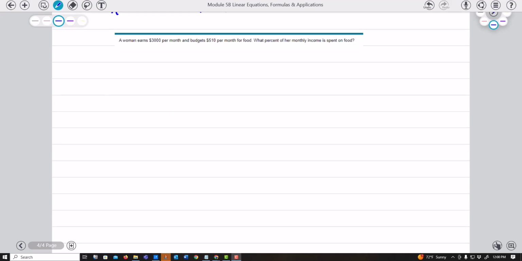All right, so where we're going with all of these is now in an application. So it says a woman earns $3,000 per month and budgets $510 per month for food. What percent of her monthly income, okay, so of her monthly income, I'm going to write it like that, is spent on food?